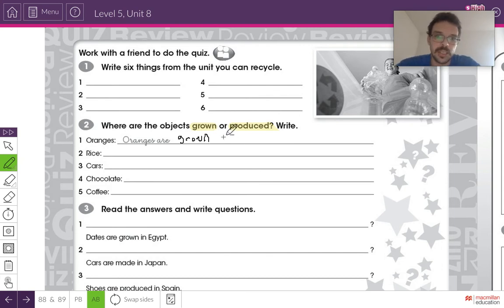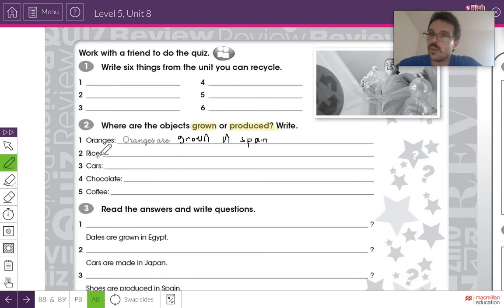It's in our country, it's in Spain. Oranges are grown in Spain. Remember the phrase like this? Oranges are grown in Spain. Okay, so let's have a look at the next one.